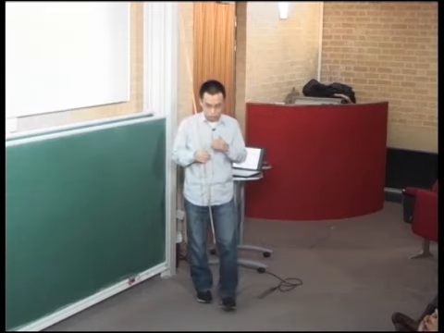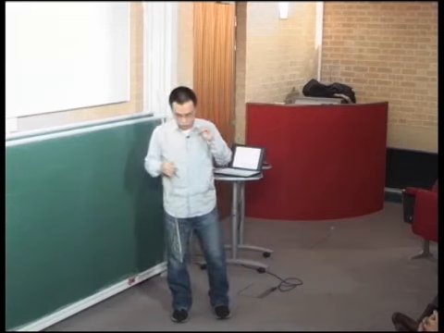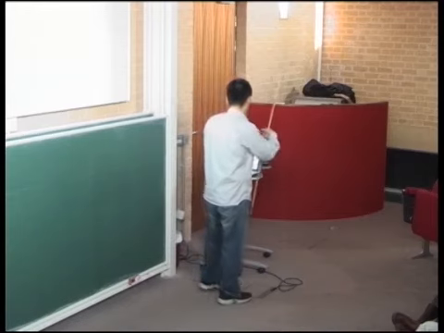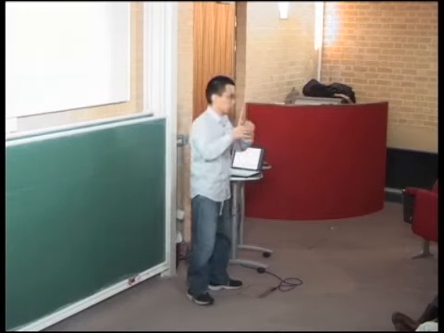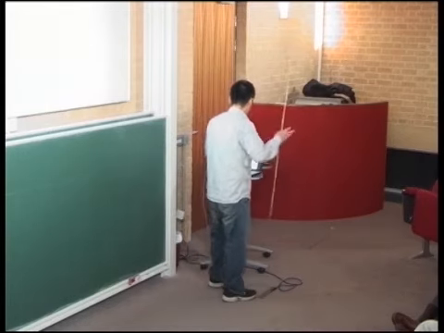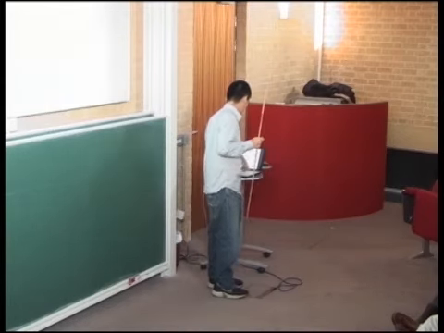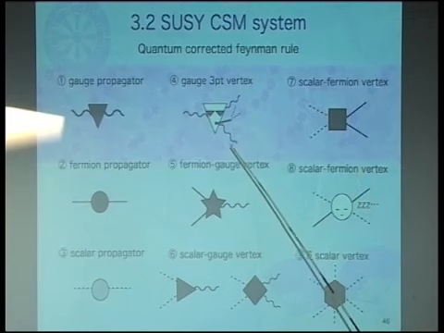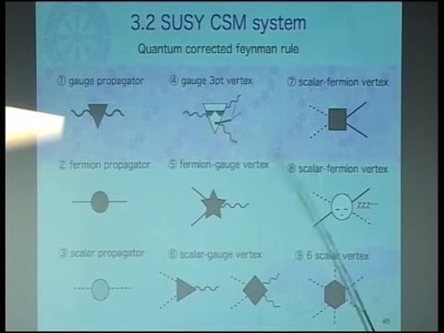And as I did in the pure fermionic case, we want to solve this system in the quantum mechanical sense. So these diagrams get quantum correction like this, or get quantum effect. Do you feel strange?